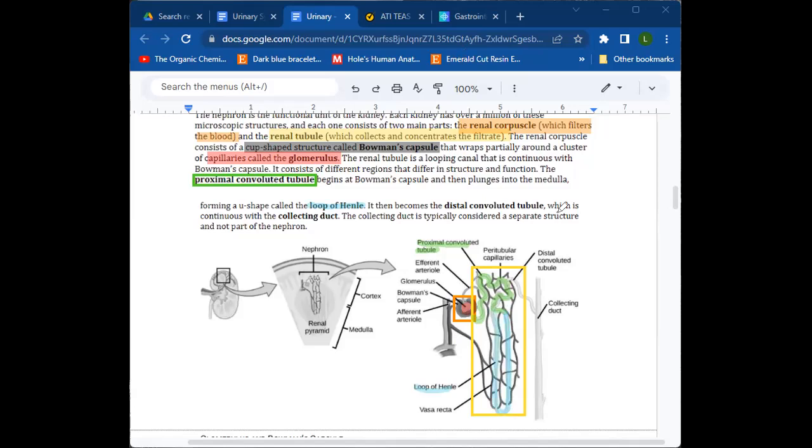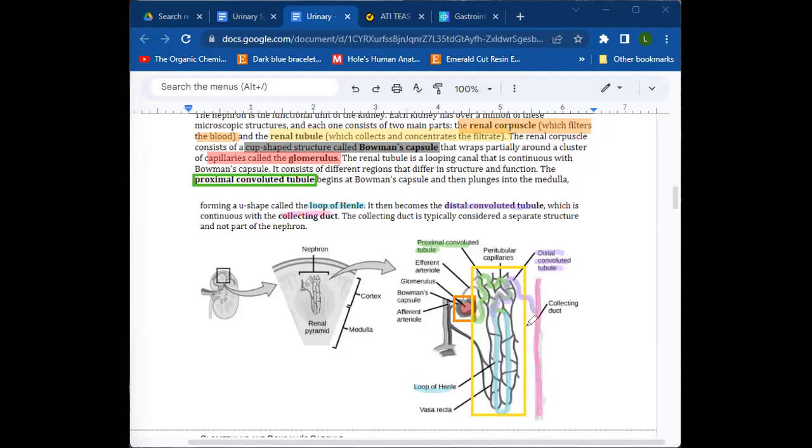And then we have the distal convoluted tubule. And then after the distal convoluted tubule is the collecting duct.